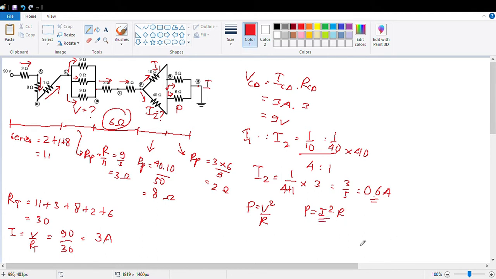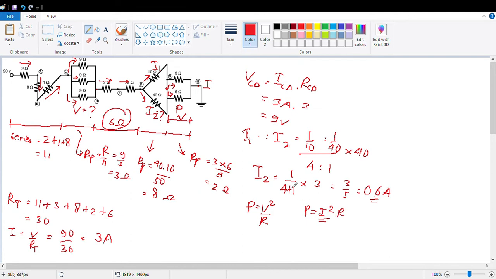But if you have the voltage, then you can use V square per R. But remember, you have to use the voltage in this place, the V in here. You are not allowed to use the total voltage. So I think the safest one is to use I square times R.